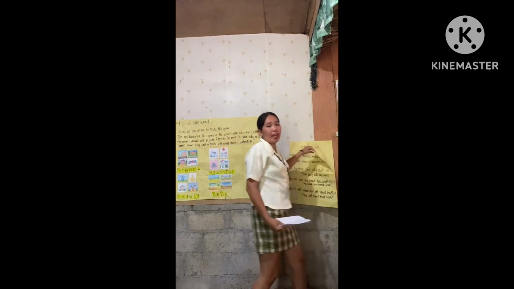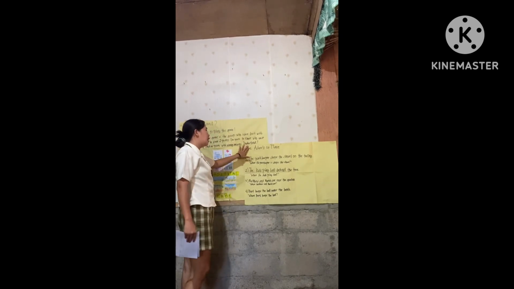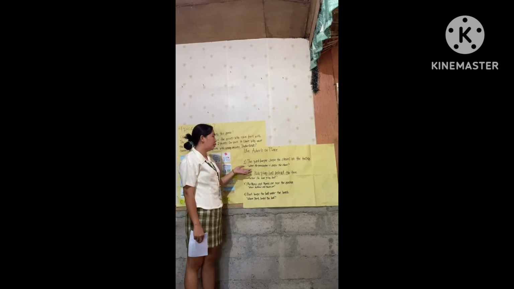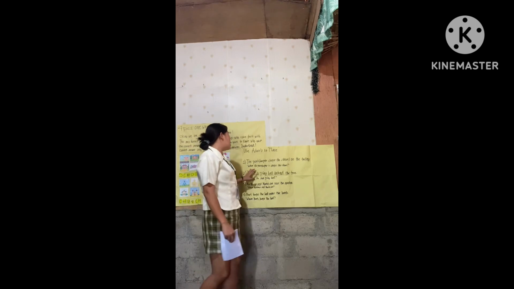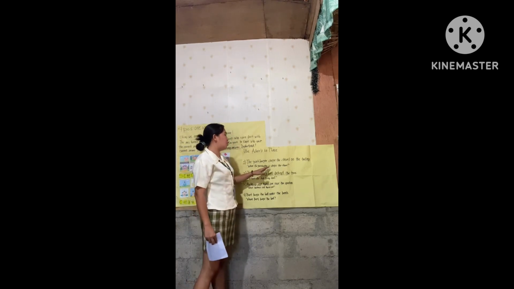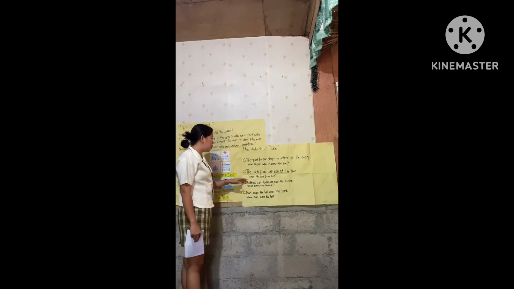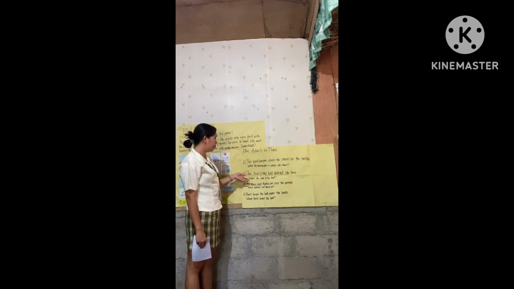So I have here some examples of adverbs of place. Kindly read number 1. The park keeper drops the shovel on the trolley. Okay. So where does the park keeper drop the shovel? On the trolley, ma'am. Very good. Number 2. The kids play ball behind the tree.